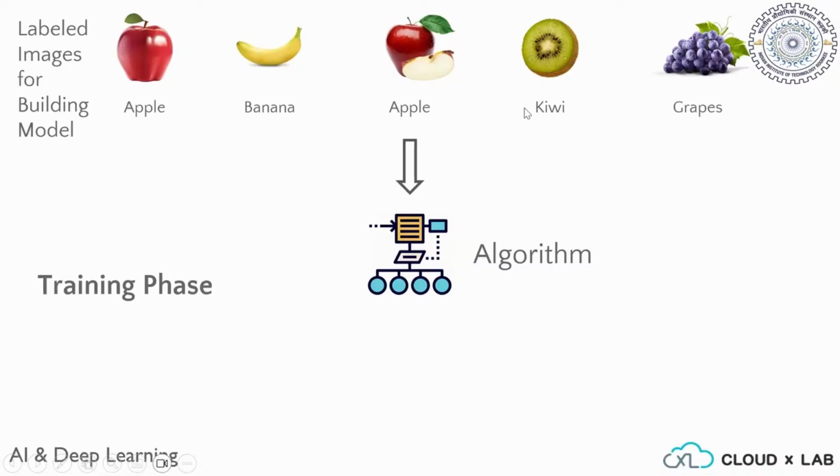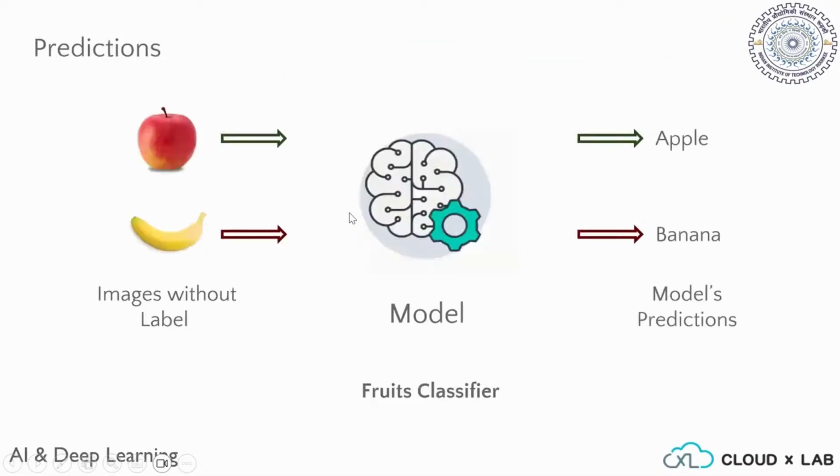That type of label we already have during the training phase. We will use this labeled data to train a machine learning model, and then at test time, for a given image, we will use this model to predict its class.